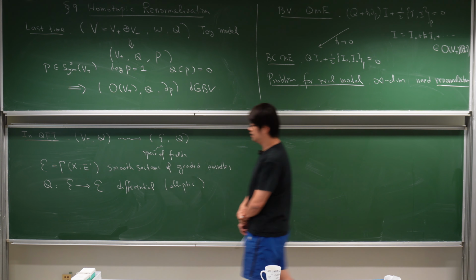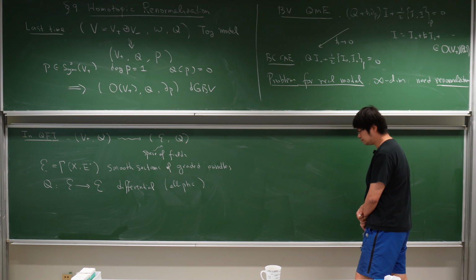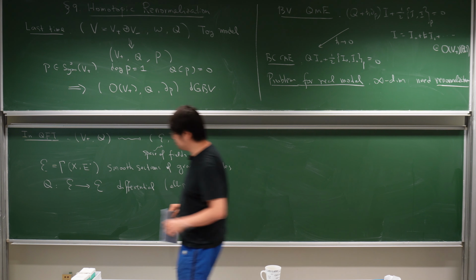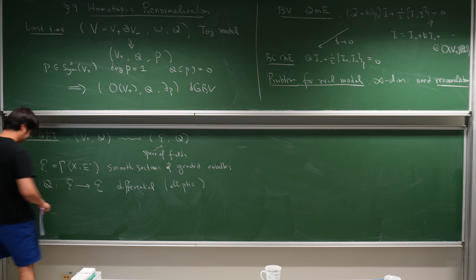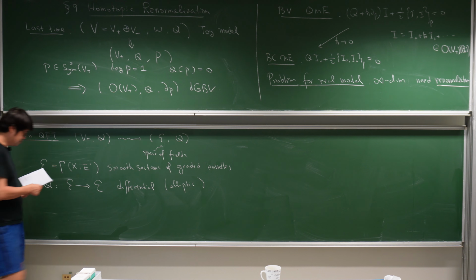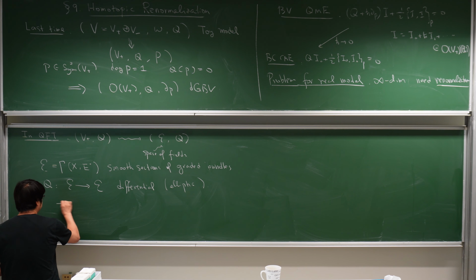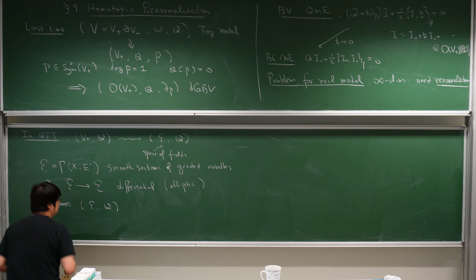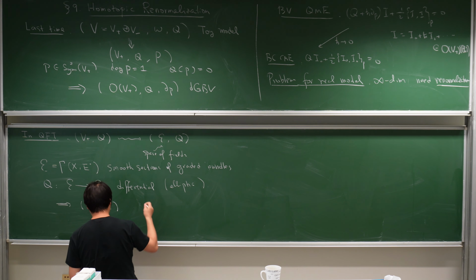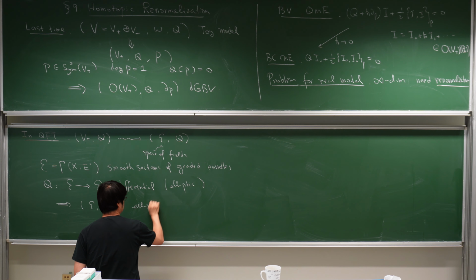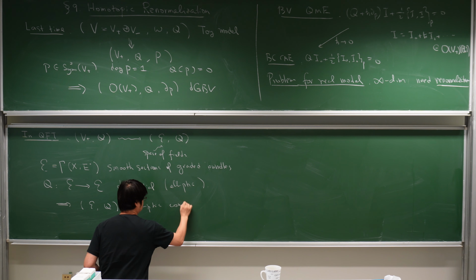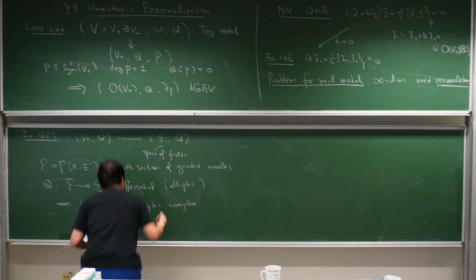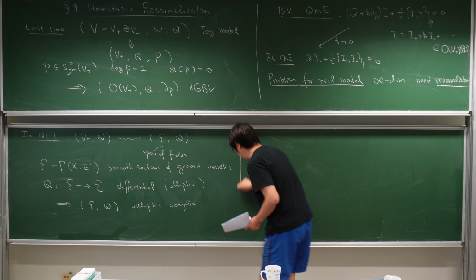For example, this could come from d or d bar, things like that. And in this sense, we require this pair to be a so-called elliptic complex. So that's one of the data that we start with.